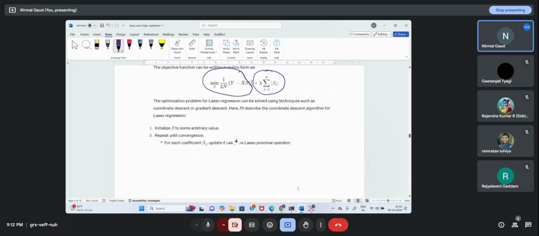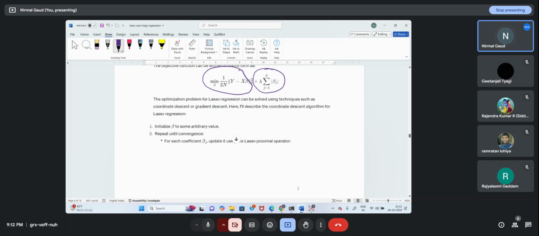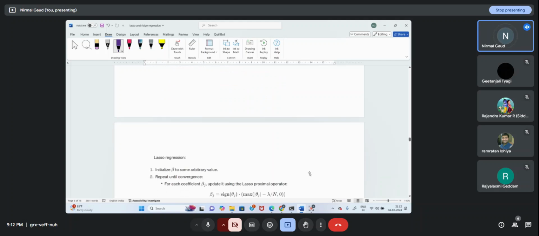This is Lasso. If we want to optimize Lasso, initially beta is an arbitrary value. For each value of beta, update using the Lasso proximal operator.